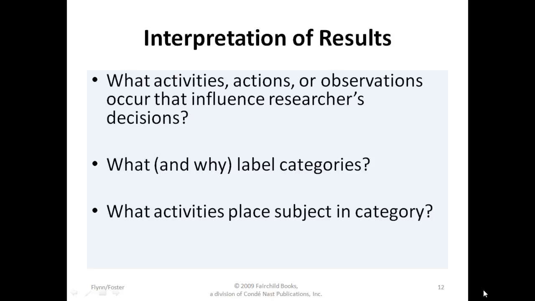So you want to spell everything out for someone if they wanted to repeat the study. The importance of interpretation of results is that you have to think of all the things that you're thinking about in your mind when you label categories or place subjects in a category, and explain why you did what you did and what factors made you put them in those categories.